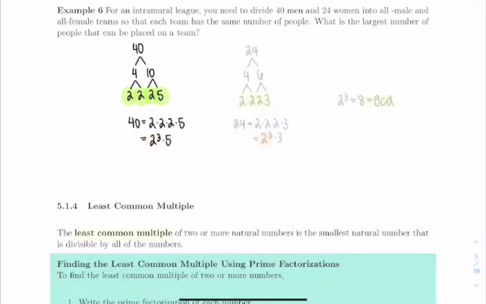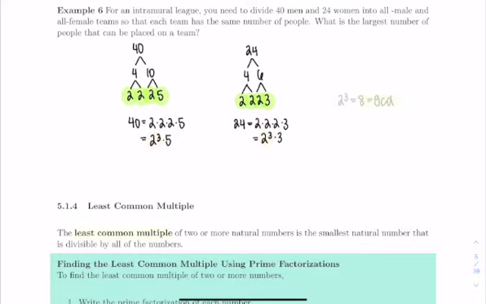And we want to do the same thing for 24. 24 is 4 and 6. But 4 is 2 and 2, and 6 is 2 and 3. So we get 2 times 2 times 2 times 3, or that's 2 cubed times 3.